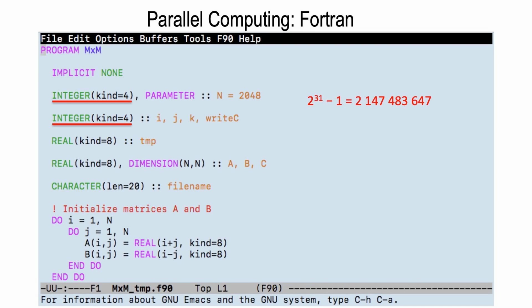In the program, the variables i, j, k, c and n are all integers. I utilize the parameter option, making the variable n a constant set to 2048. This implies that n's value remains constant throughout the program's execution, and it is known at compile time.